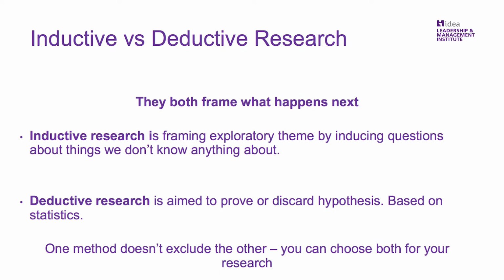Both are applicable, and one type of research does not exclude the other. So any student reading for an MSc or other degree may find out that the two approaches are required. So there could be a research question which is more exploratory, and there could be research questions which are more deductive, so inductive and deductive.